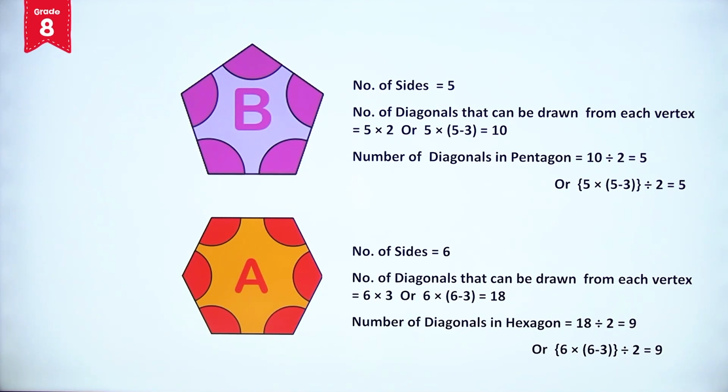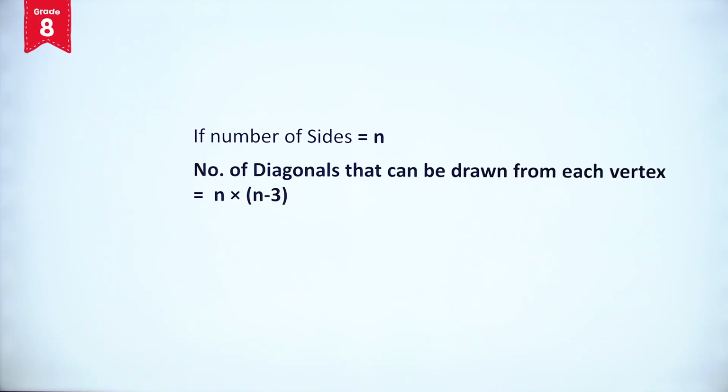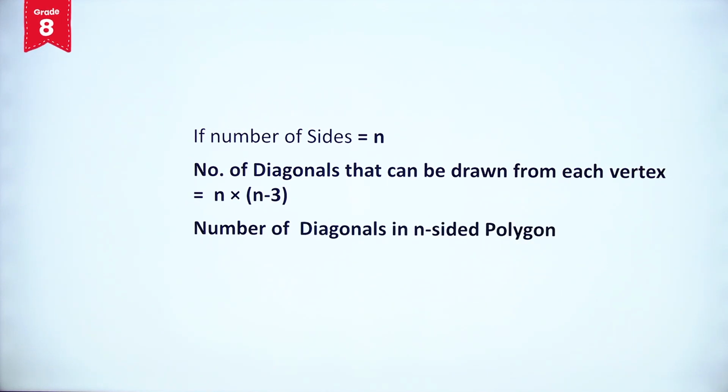that is equal to 9. Therefore, we can say that if the number of sides is n, then the number of diagonals that can be drawn from each vertex, including the repetitive ones, will be n multiplied by (n minus 3), while the number of diagonals in an n-sided polygon will be n multiplied by (n minus 3) whole divided by 2.